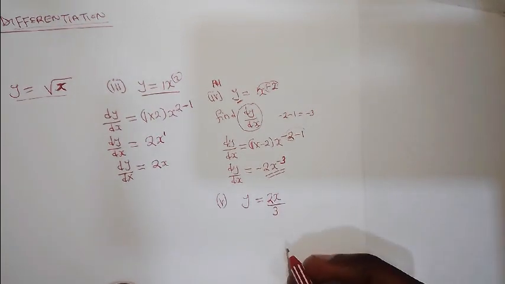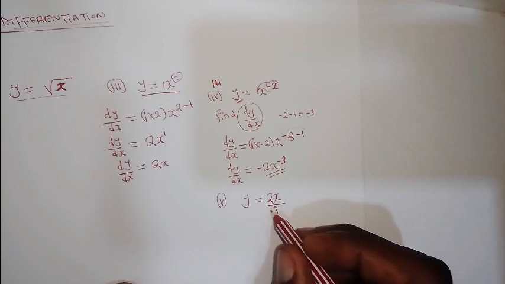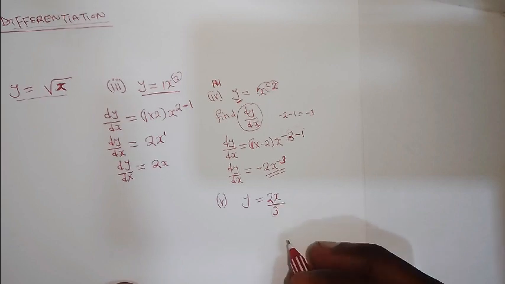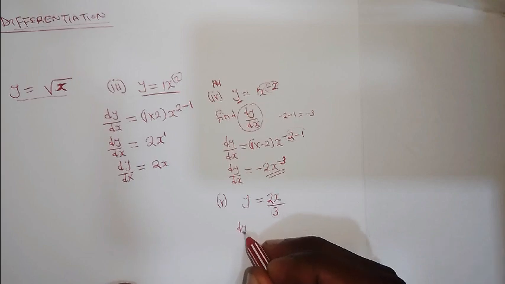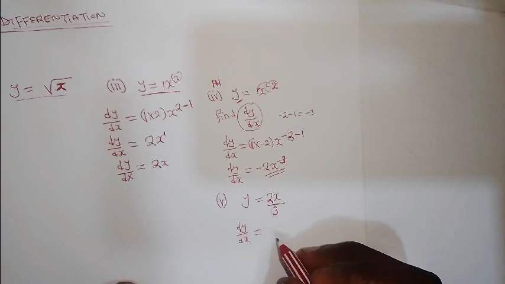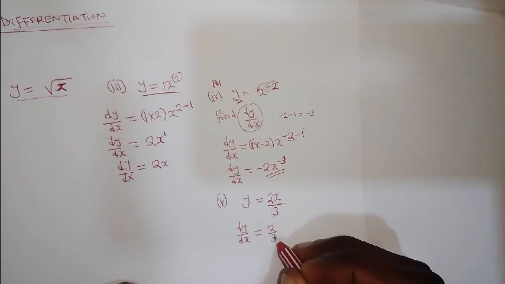It is all the same. Normally you have to take this number upward there. So find dy over dx. So dy over dx will just be equal to 2 divided by 3.